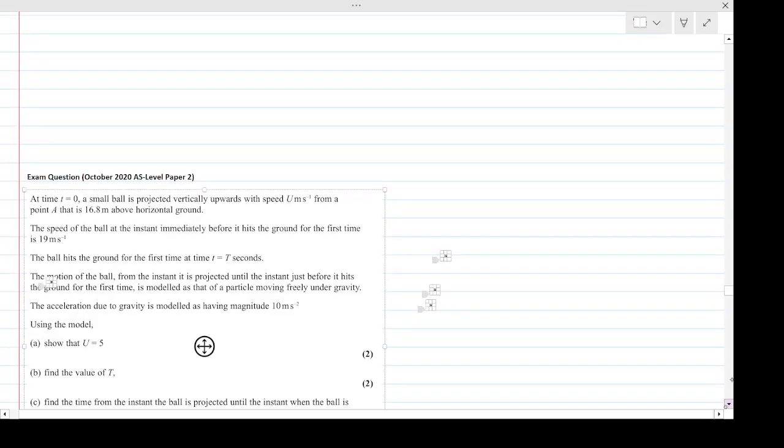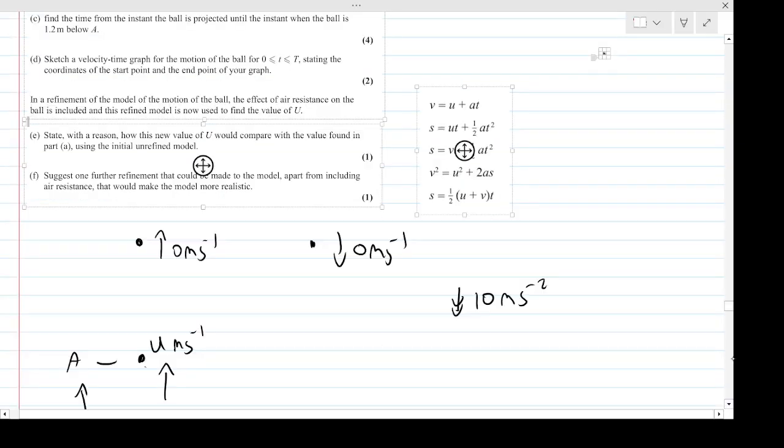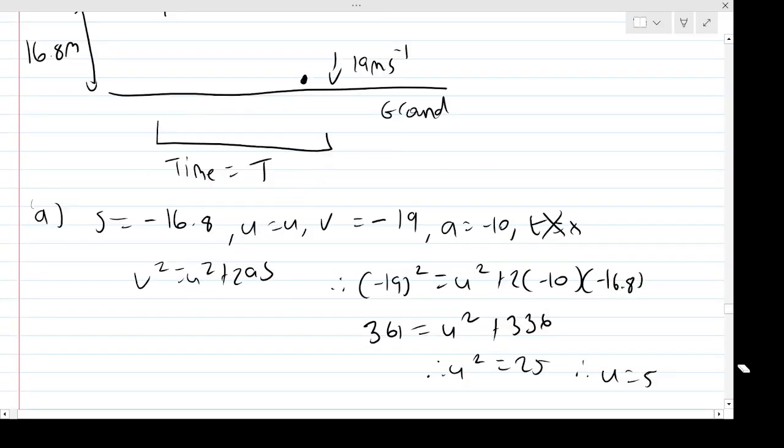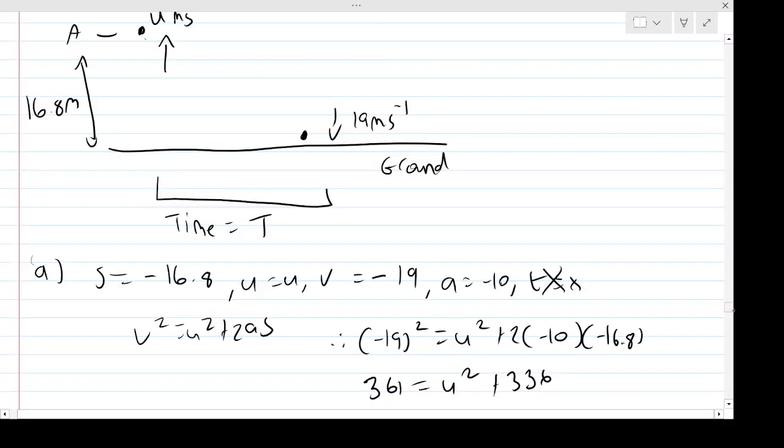Cool. Then for B, it says to find the value of t. So now we want the time during this whole thing, right? So now we're going to do the same thing, the same suvat, but now we want to find time instead. So again, from when we start with speed u and end at this speed here, the overall time, the displacement, we've gone down by 16.8.